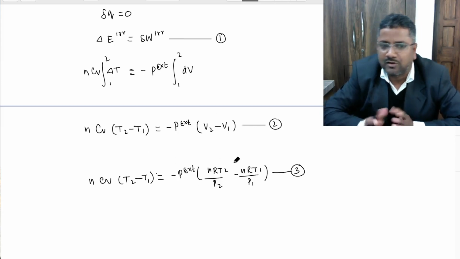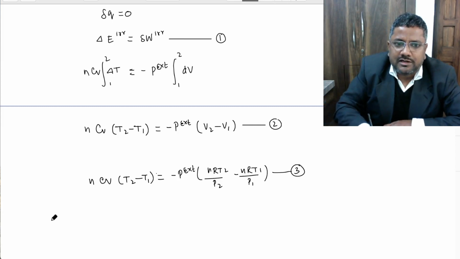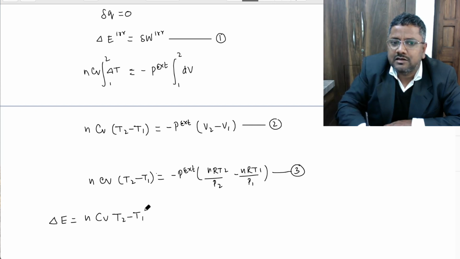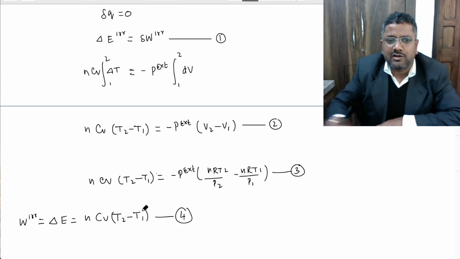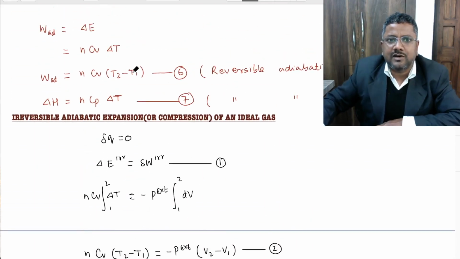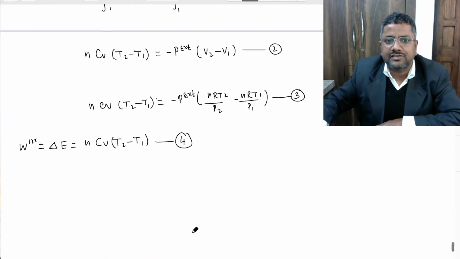Right? No problem. So delta E is equal to nCV (T2 minus T1), and this is the formula you can use to calculate internal energy, and this is also equal to the work, W irreversible. So what is the difference? There is no difference in the formula, but there is a difference in temperature.